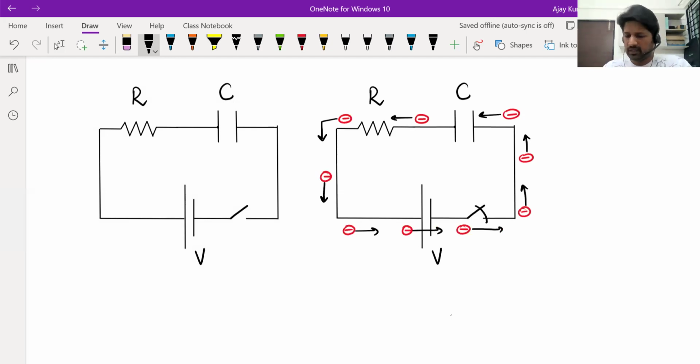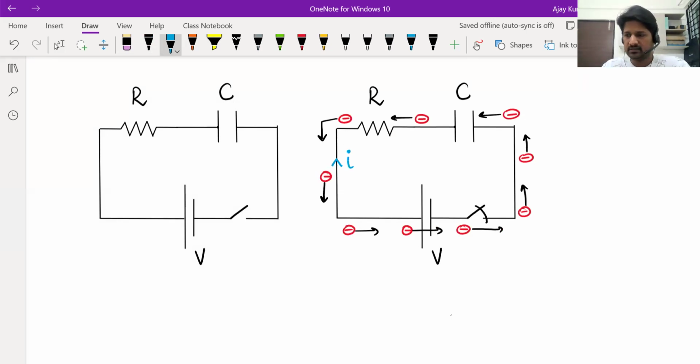So electrons here are flowing anti-clockwise. That means current is flowing clockwise. So basically, the moment you close the switch, the battery drives current in the circuit. Electrons are flowing anti-clockwise, so current flows like this. Let's call the current I.